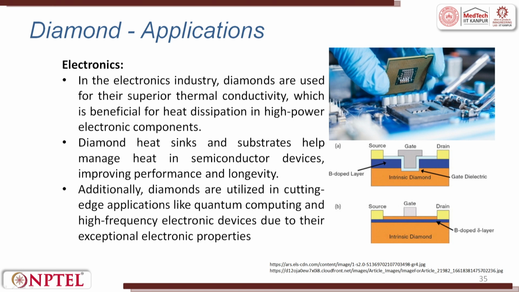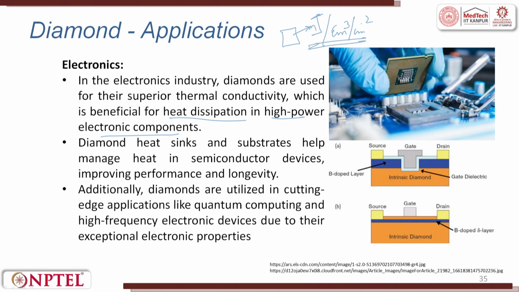Electronics today are using diamond as an application because of its thermal heat dissipation property in high power electronic components. When we talk about electronics, the size is very small. So, it has to be so many joules per centimeter cube or centimeter square, so many joules or millijoules.